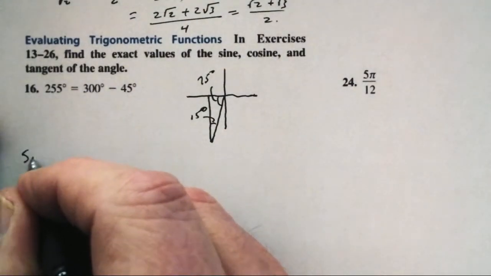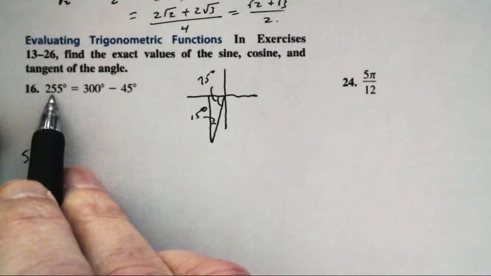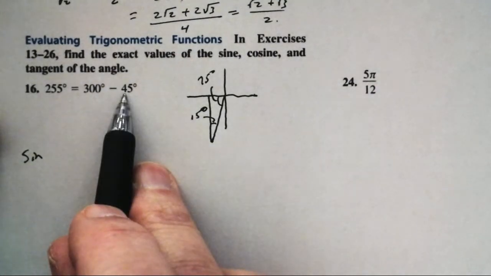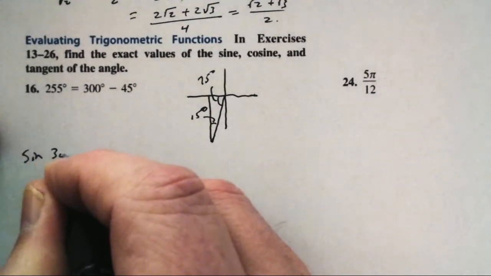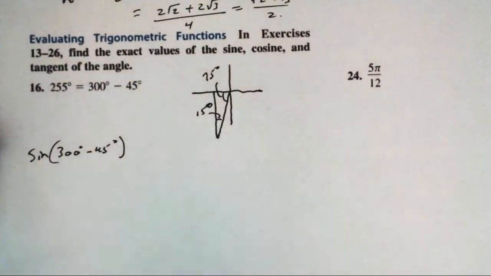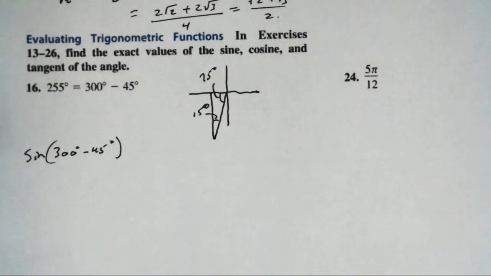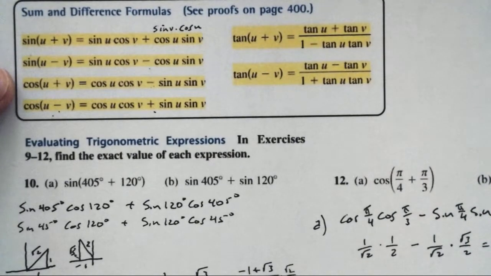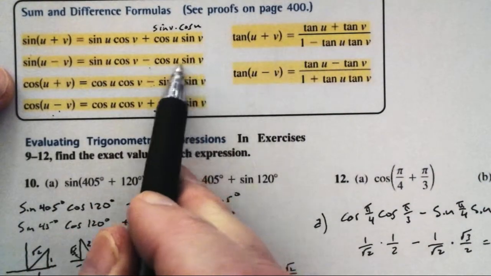So sine of, I don't know how to deal with 75 15s yet, but I know how to deal with 300 and minus 45. So sine of 300 degrees minus 45 degrees. Sine of a difference. Do you remember how we do that? Up above. Sine of a difference is sine cosine minus sine cosine, but you switch the angles.